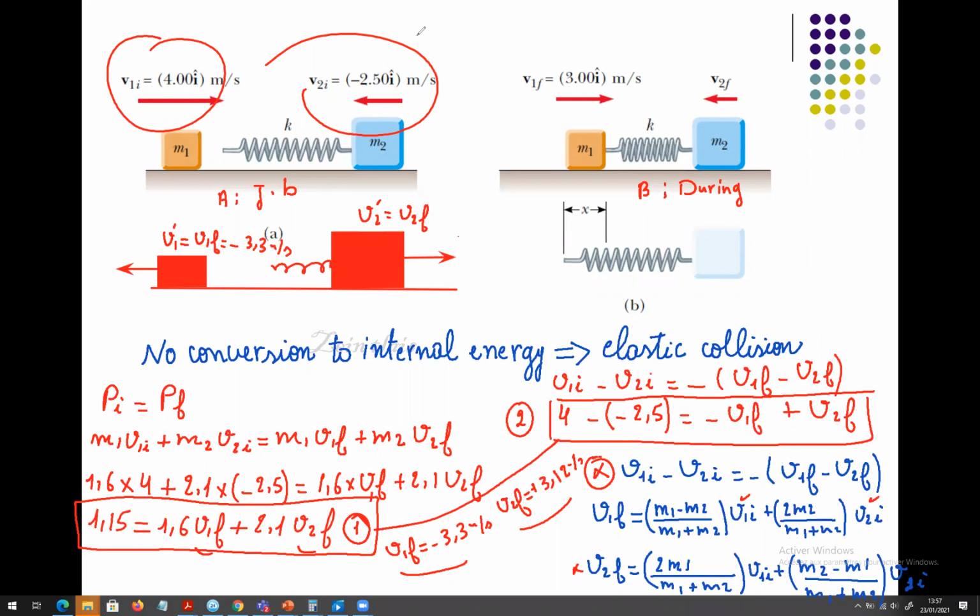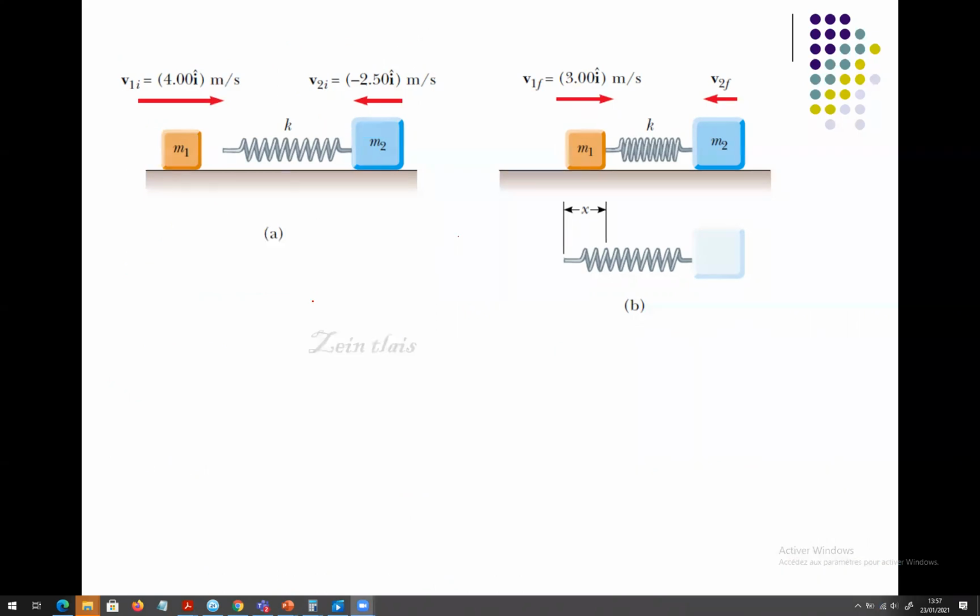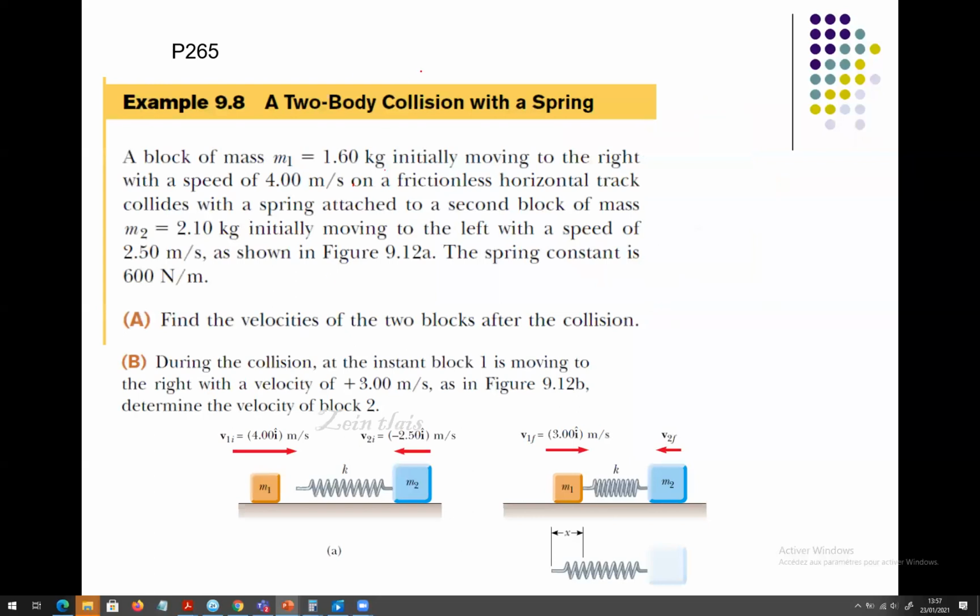Now the second part, B: during the collision, so I am talking about this point. At the instant block 1 is moving to the right with a velocity of 3 m/s, this is during the collision.